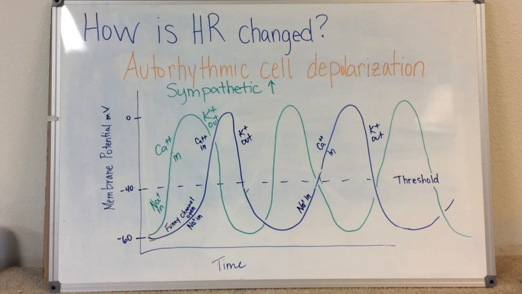What does change is the amount of time it takes for threshold to be reached. With increased sympathetic stimulation, it takes less time and therefore more action potentials are generated. With parasympathetic stimulation, it takes more time for threshold to be reached, which results in fewer action potentials being generated.